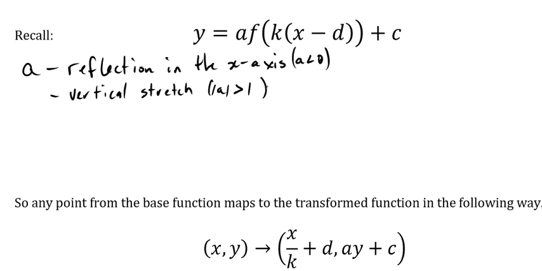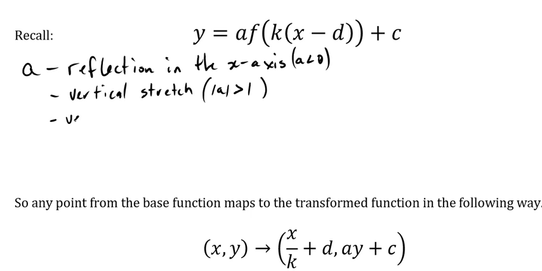We know that notation now, so we might as well use it. So if the absolute value of A is greater than 1, what does that mean? Well, if it's 2, it's a vertical stretch. But if it's negative 2, it's also a vertical stretch. It's also got a reflection, but it's a vertical stretch. So 2 or negative 2 will both give it a vertical stretch. The easy way to say that is the absolute value of 2.